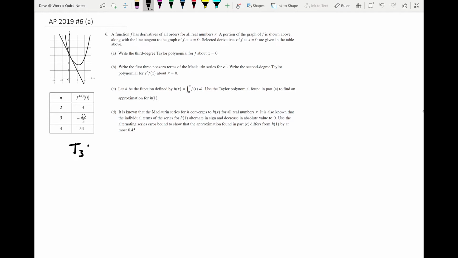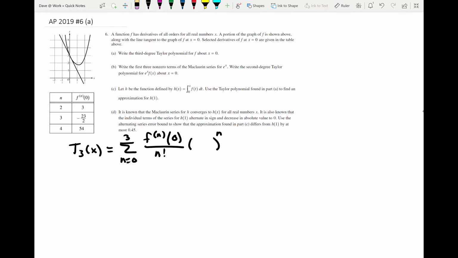So, as we establish our third degree Taylor series by taking the summation from 0 to 3 of the nth derivatives, specifically at our center, which in this case is 0, divide that by n factorial, and then multiply by x minus 0, again that being our center, raised to the n.